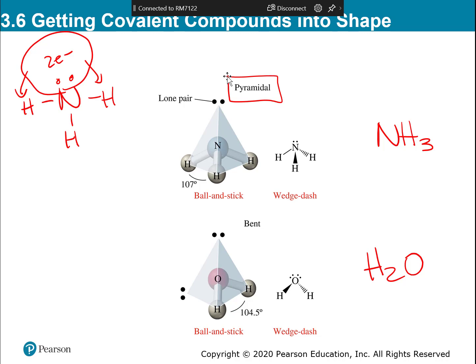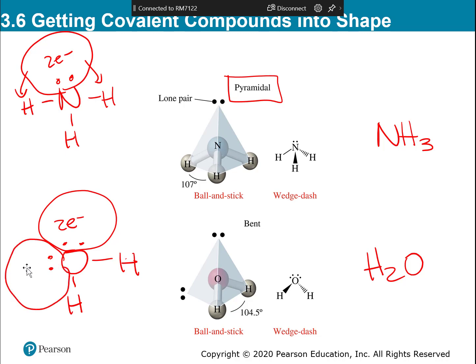Even more extreme, they saw with water. If I take water, which we've drawn, there are 2 pairs of non-bonding electrons on the oxygen. So this area has those 2 electrons, and this area has these 2 electrons, and they have an even stronger repelling effect on the bonding pairs.